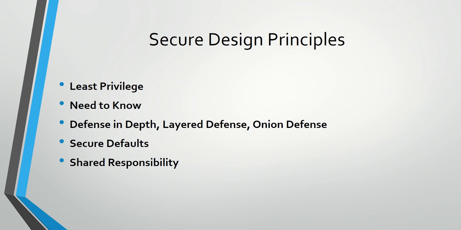Next topic we'll look at is defense in depth. Defense in depth is also known as layered defense, onion defense. Different names for the same thing. In this concept, we implement multiple overlapping complementary security measures to protect a specific asset.